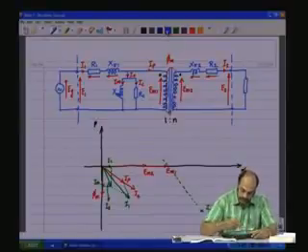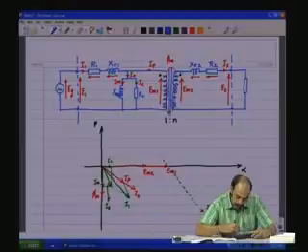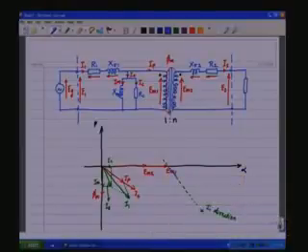So, along this I 1 direction, we have a voltage which is I 1 R 1, and 90 degrees rotated, which is j omega L sigma 1 into I 1.